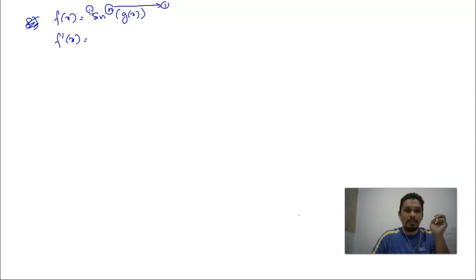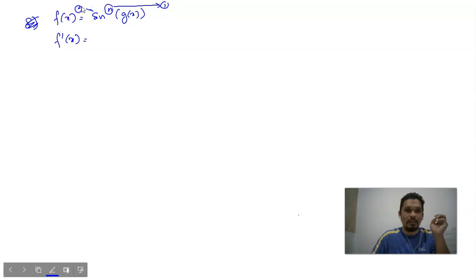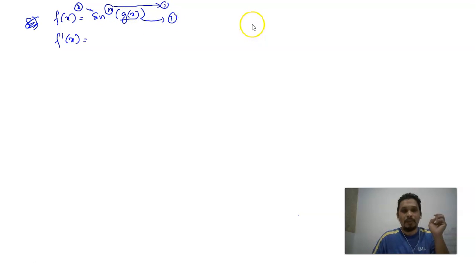Then sine will be the second, and the function g(x) will be the third. These are the things that we're going to differentiate, so differentiate one by one.